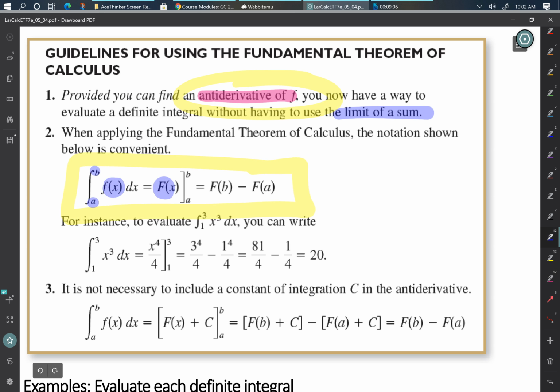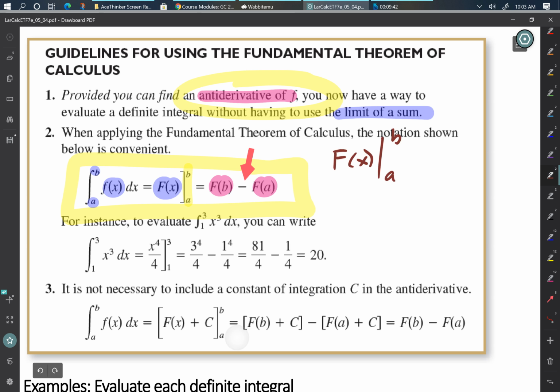I'm going to do that by first finding an antiderivative and then evaluating that antiderivative at the upper limit of integration, that's the b, and then evaluating that antiderivative at the lower limit of integration, that's f of a, and then finding the difference between those two. Subtract f of a from f of b. Okay? Now, one thing that is interesting is the notation that this author chooses to use right here. Right? Now, almost every other book I've ever seen would have written that step like this.